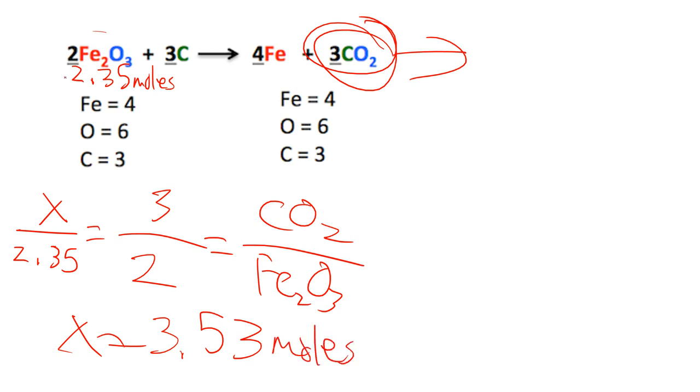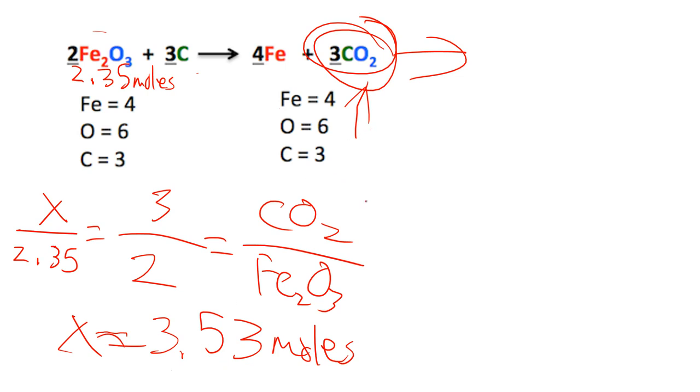And this is incredibly powerful because let's say you know you have 2.35 moles of iron oxide and you want to know how much carbon dioxide you will produce. Well, you can figure it out just by using mole ratios. You will produce 3.53 moles of carbon dioxide.